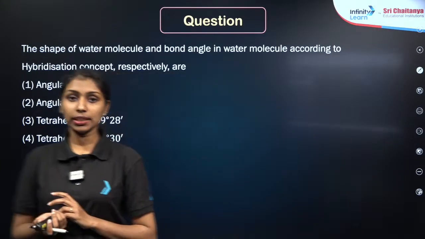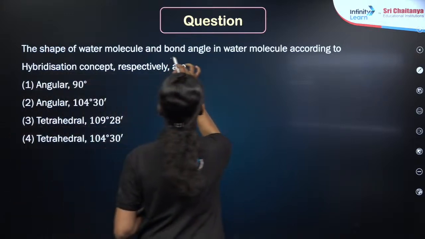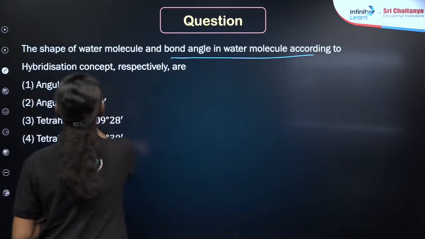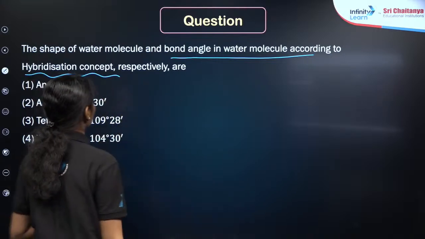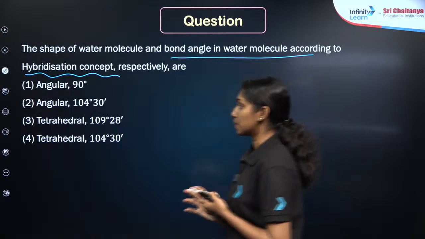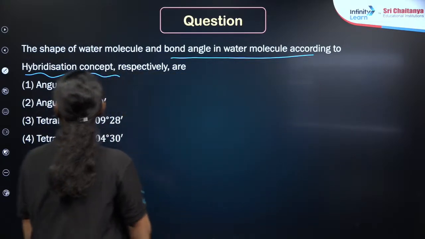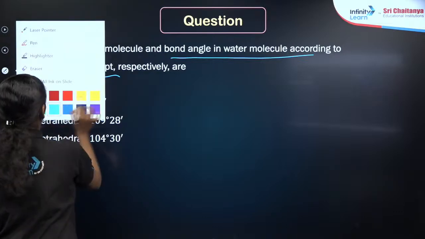Here is the next question. The shape of the water molecule and bond angle in the water molecule according to the hybridization concept. Not about the VSEPR theory, it is asking about the hybridization concept.